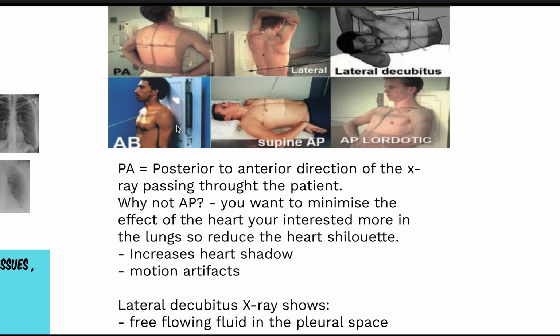We usually don't use an AP because you want to minimize the effect of the shadow created by the heart, the heart silhouette. Radiologists tend to prefer PA, and lateral decubitus or lateral in general. These are the three main ones that radiologists would use.